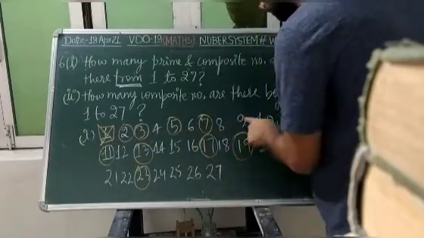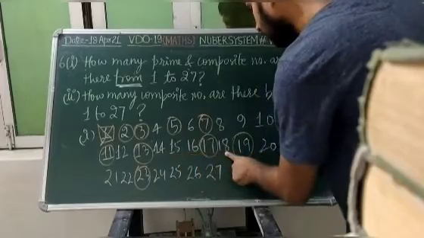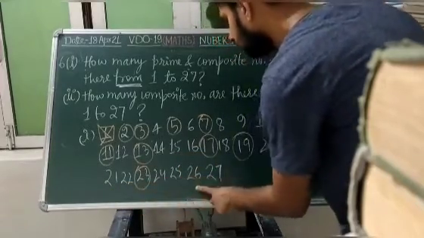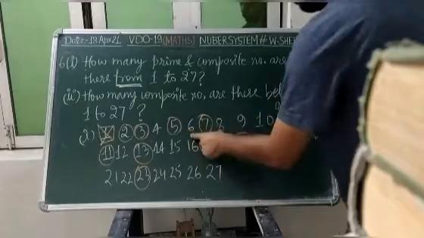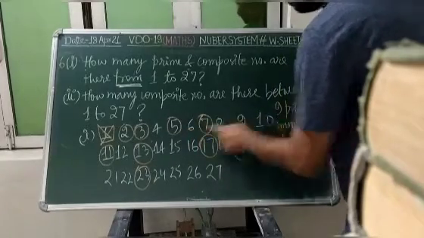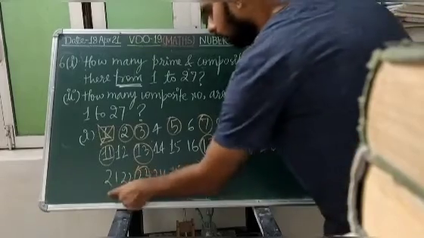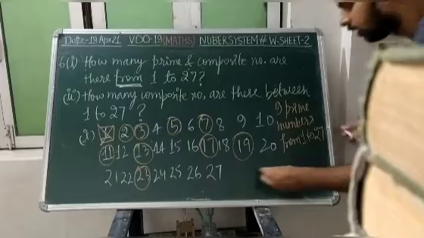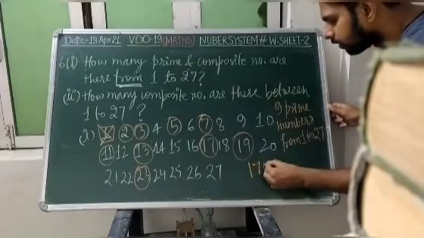Counting again, 17 is coming. So there will be 17 composite numbers.